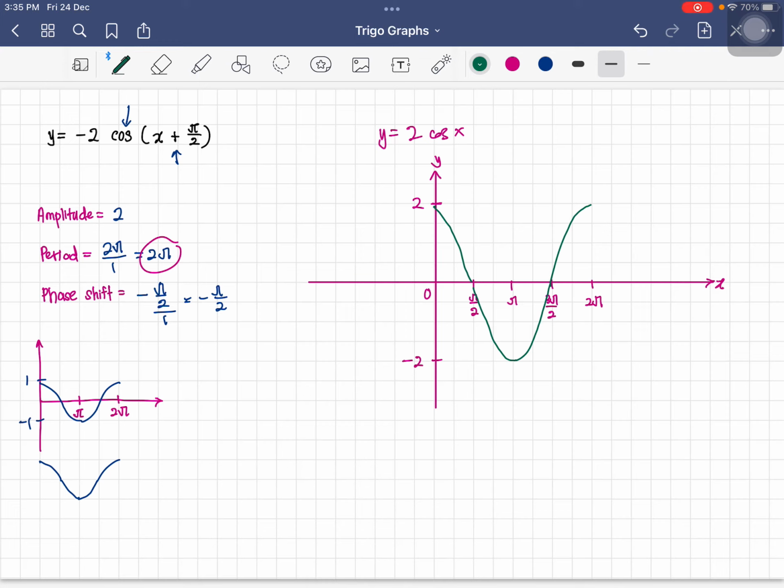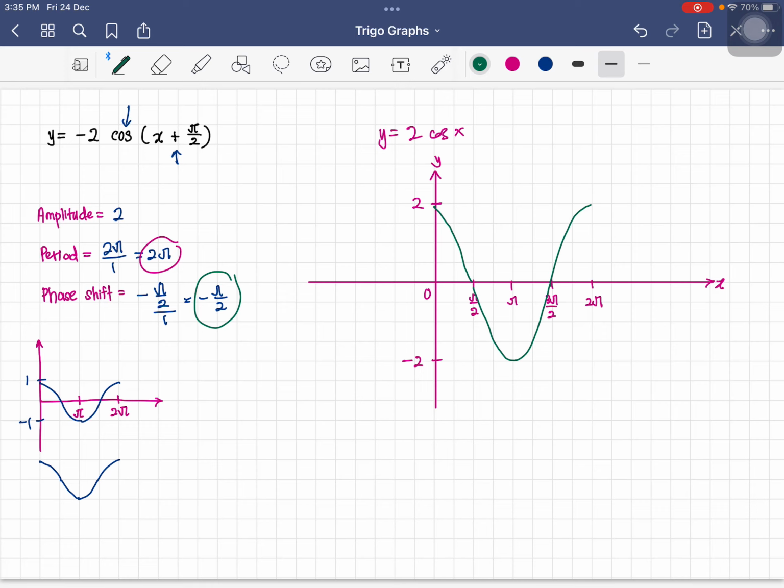But now I have to shift it first. This one is for 2 cos of x. Now I want it to be shifted because we have the phase shift by half pi.